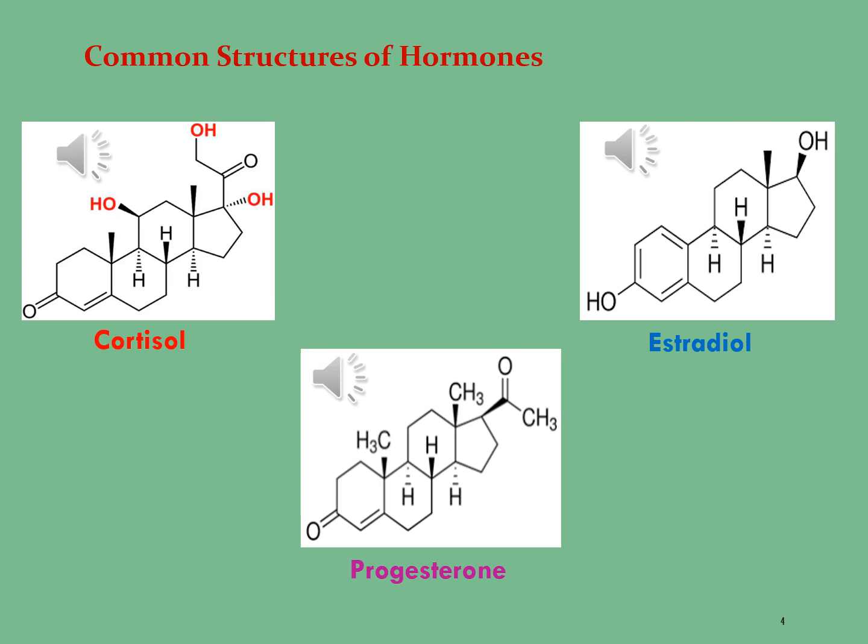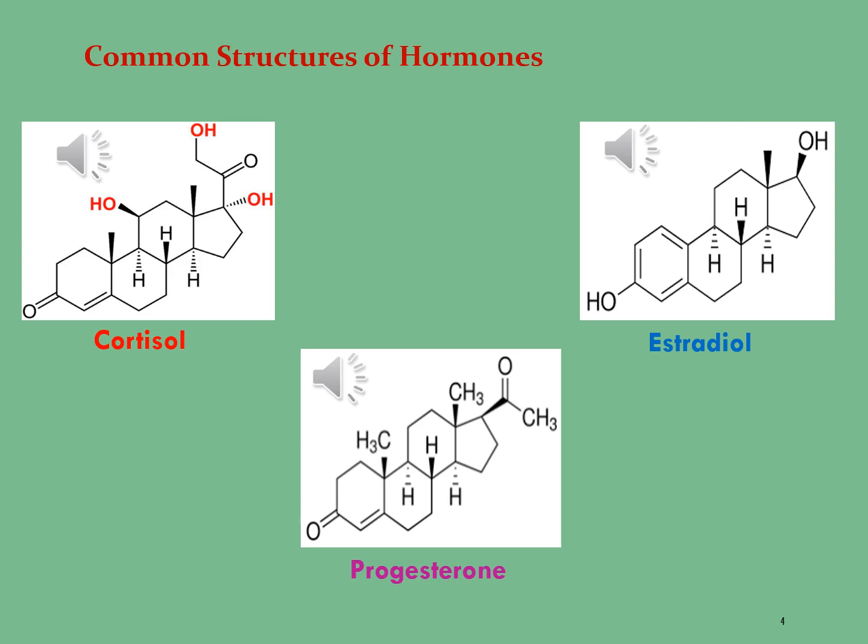The next molecule is progesterone. When we see the structure of this molecule, we observe a carbonyl group at carbon 3 position and an acetyl group at carbon 17 position, as well as a double bond at carbon 4 position.